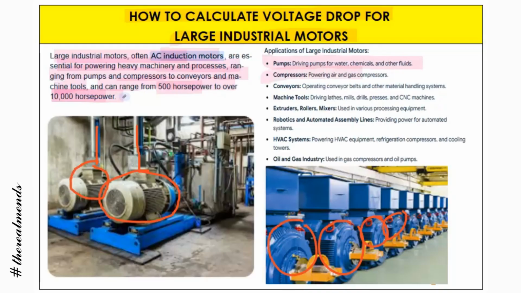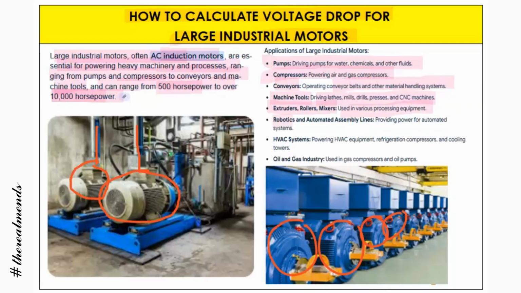Compressors, powering air and gas compressors. For conveyors, conveyor belt, and material handling systems. As machine tools, so driving mills, drills, press, and CNC machines. For extruders, rollers, and mixers, used in various processing equipment.